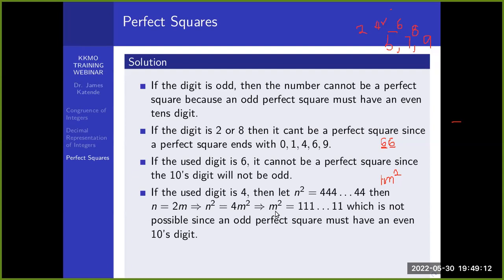Therefore no such m will exist. That leads us to a contradiction, and therefore a number that consists entirely of 4s cannot be a perfect square. So we have considered all possible numbers and shown that any number that consists entirely of the same non-zero digit cannot be a perfect square.